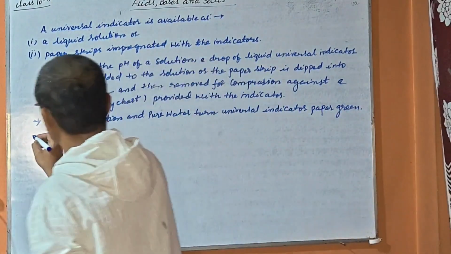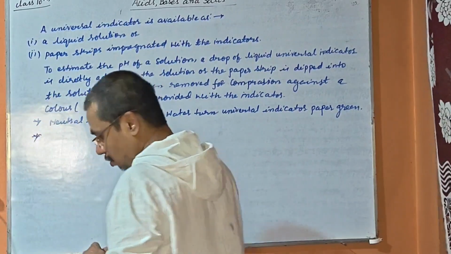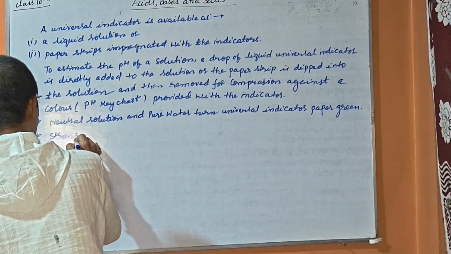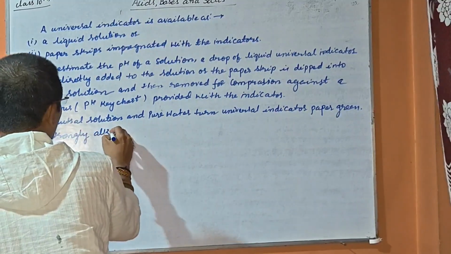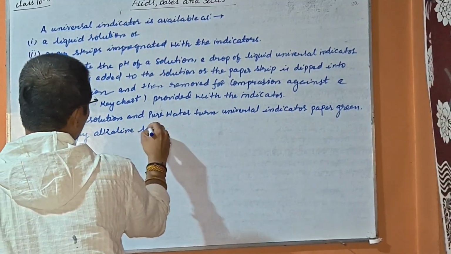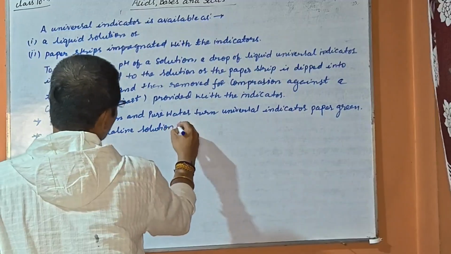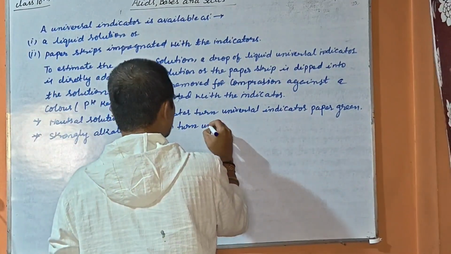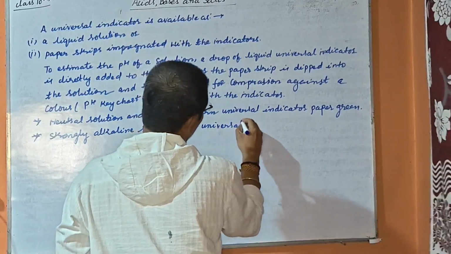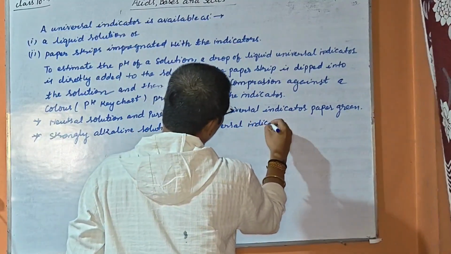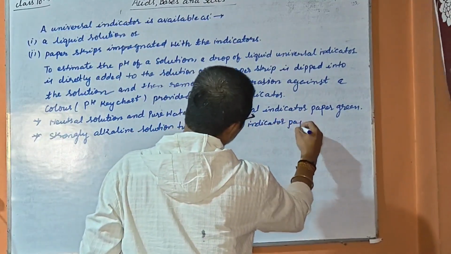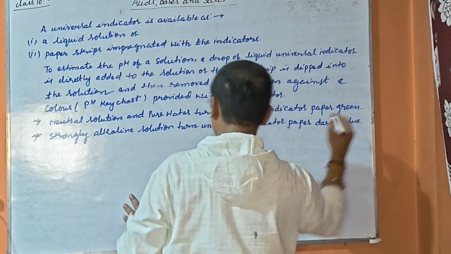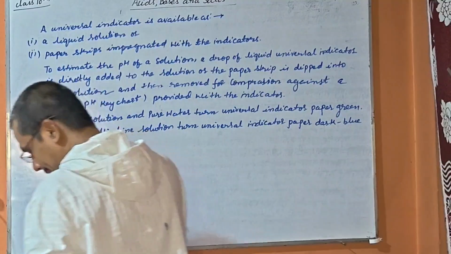So let us understand these things clearly. A strongly alkaline solution turns universal indicator paper dark blue or purple.